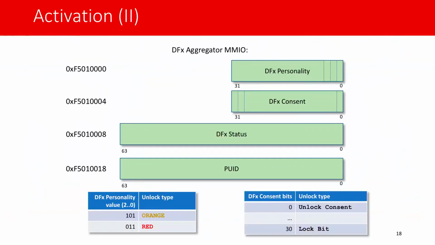More interesting are the DFX aggregator registers: the consent register and the personality register. The personality register specifies the type of unlock, red or orange, and the consent register is used to allow writes to the personality register.